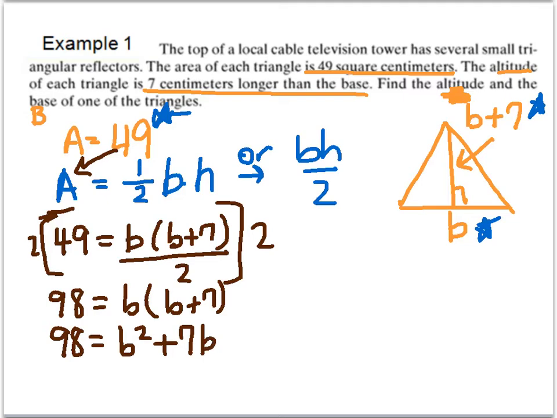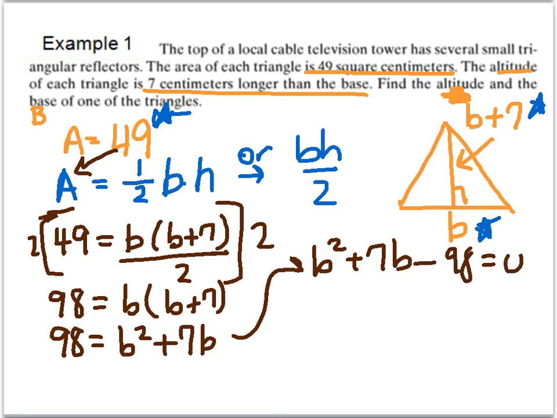Now we have a quadratic equation because we have a squared term, and that's the highest exponent. So my next step is to move the 98 over with the other things, and I get B squared plus 7b minus 98 equals 0.